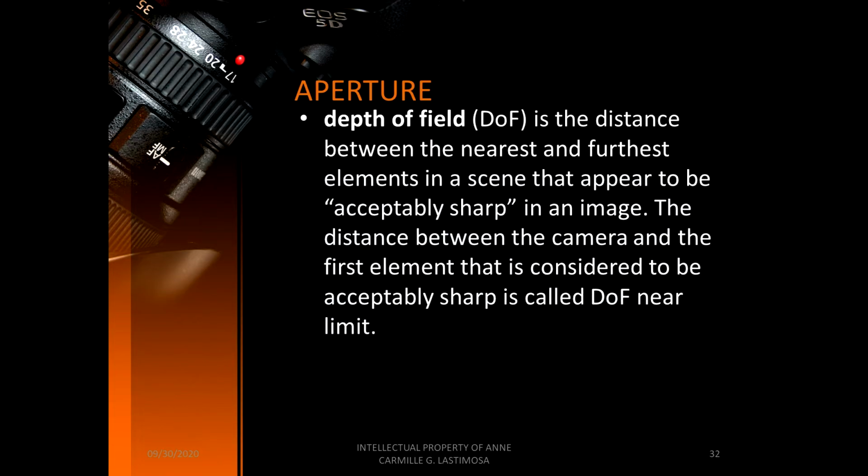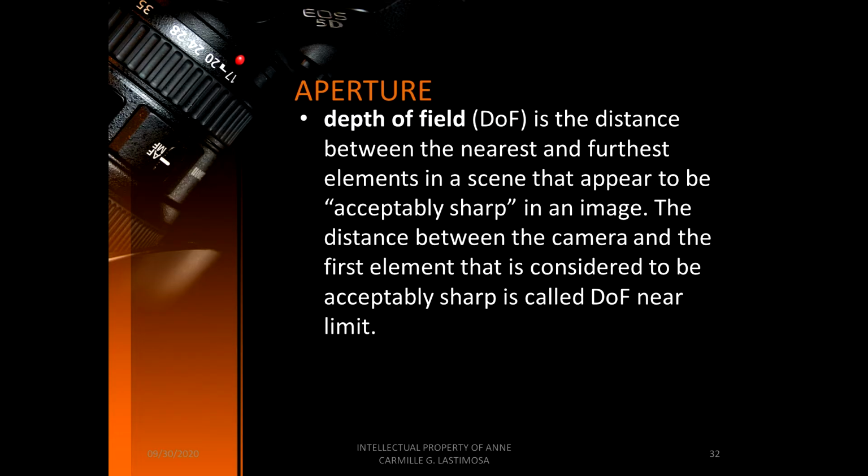Depth of field is simply the distance between the nearest and furthest elements in a scene that appear to be acceptably sharp in an image. It talks about the sharpness throughout the image. A low aperture number will result in blurry scenes, focusing on just one area of the image.